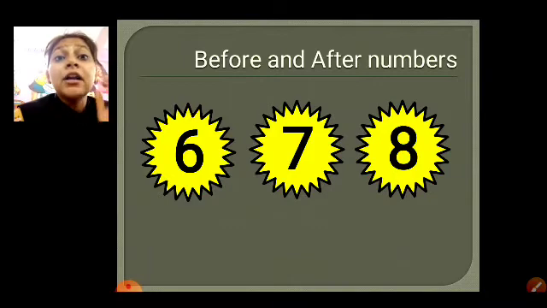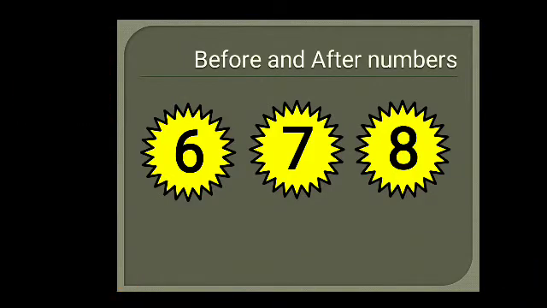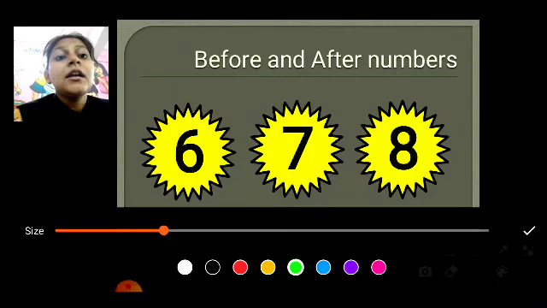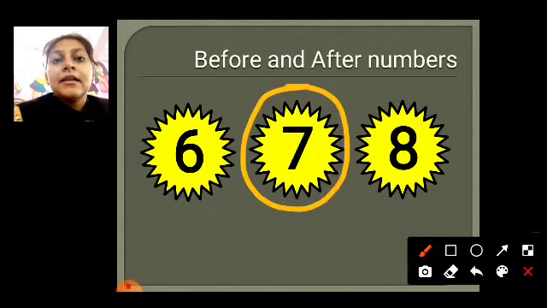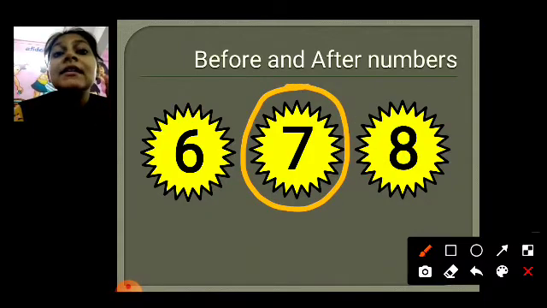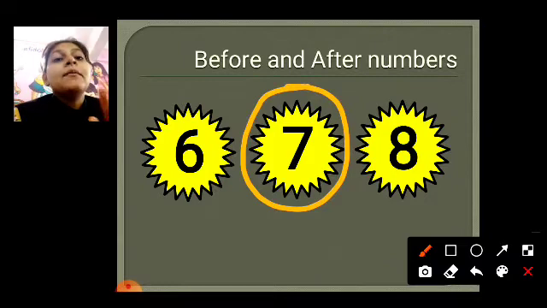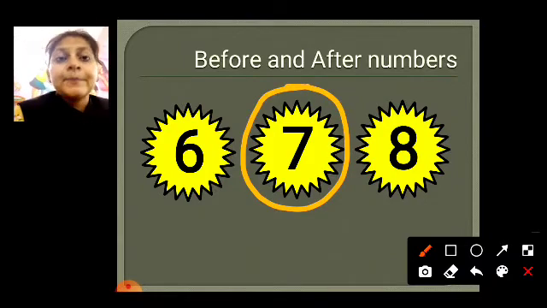Then after that we learn about the before number and the after number, right? So before and after numbers. So here I write the numbers 6, 7 and 8. First of all, the between number is 7, right? 7 is the between number of 6 and 8.